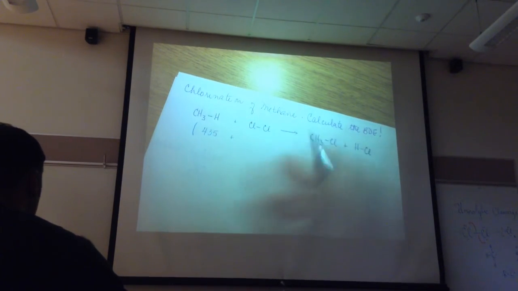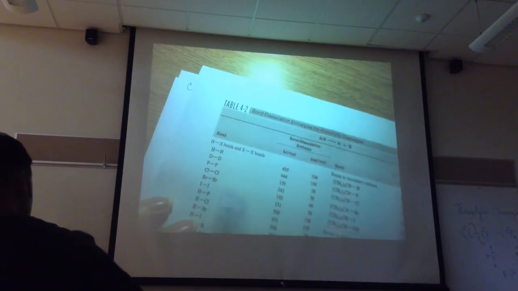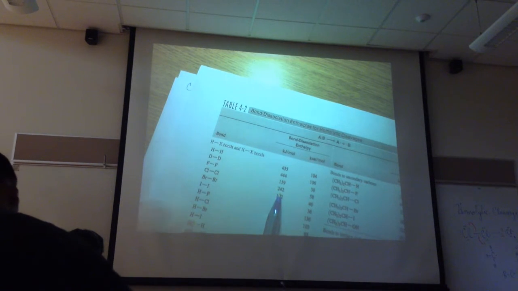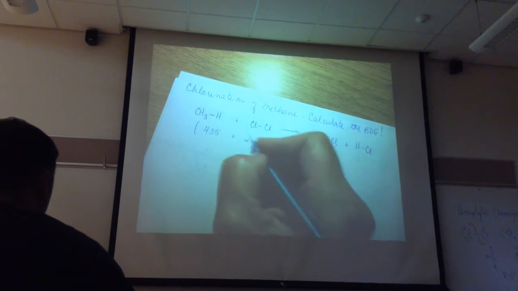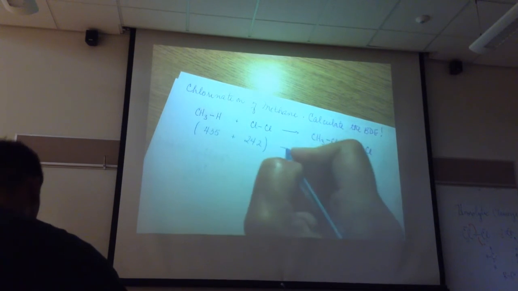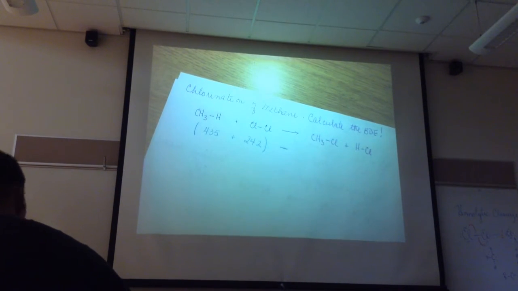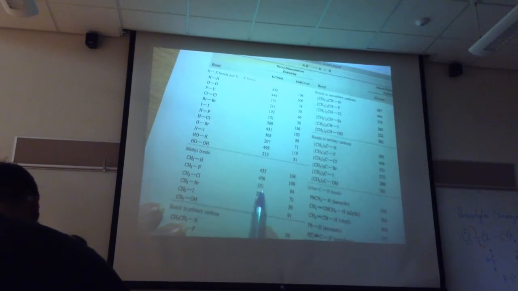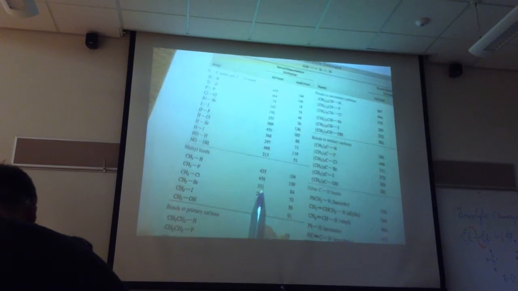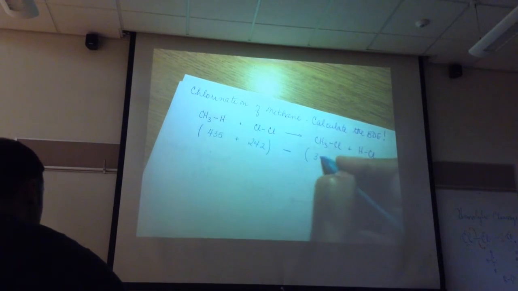And then I'm gonna add, to break a chlorine-chlorine bond, 242. So I'll put my 242 there. And then from that, I'm going to subtract, to form a methyl chloride bond, 351, and to form an HCl bond, 431.